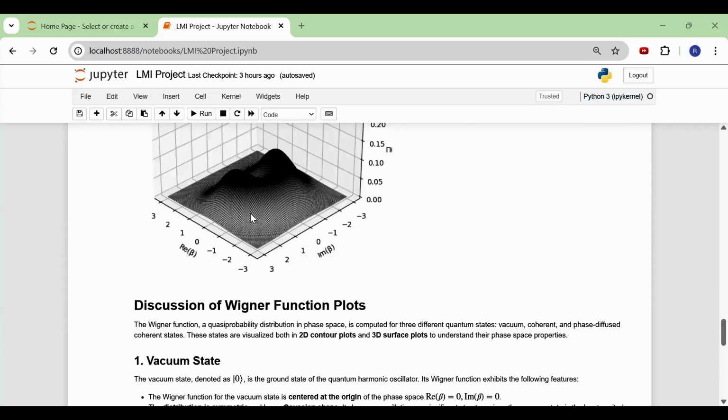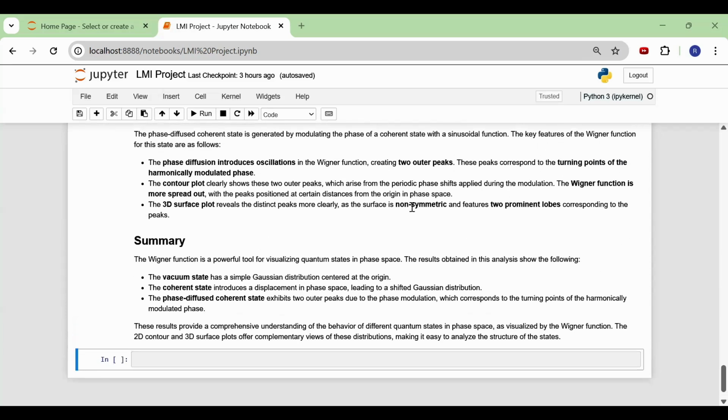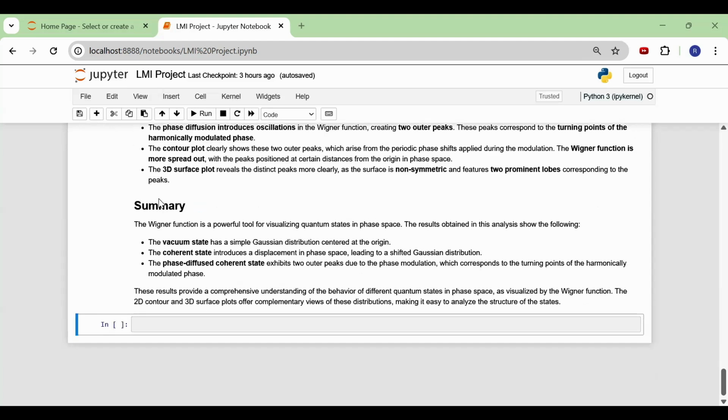The turning points basically show the high uncertainty points in the phase diffused state.